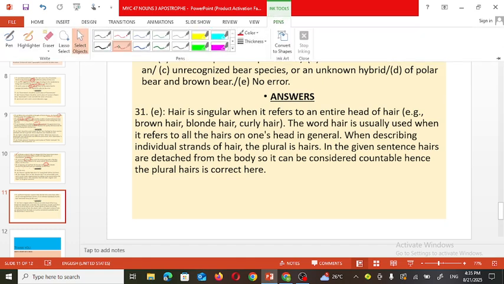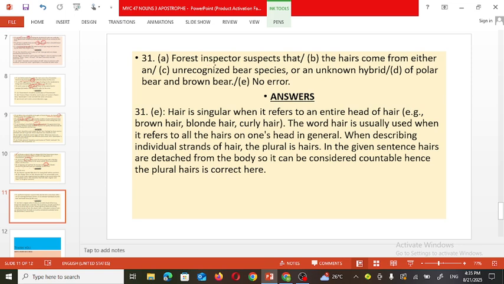Next one. Forest inspector suspects that the hairs came from either an unrecognized bear species or an unknown hybrid of polar bear and brown bear, and the last part is no error.